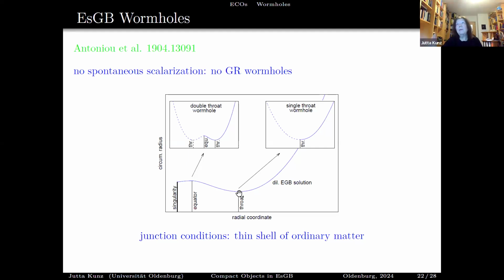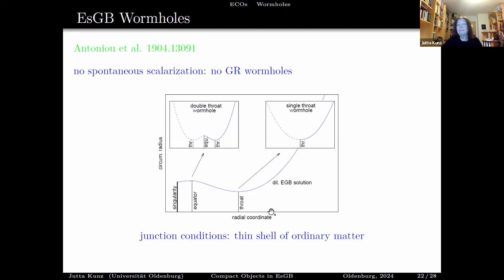We decided we better cut and paste at the throat or at the equator. And then we reflect this universe and get the other universe. And this is what you see up here. This is what we actually do.